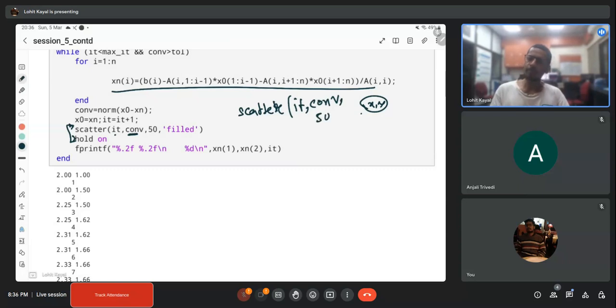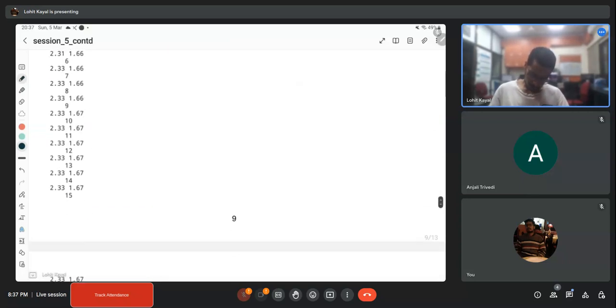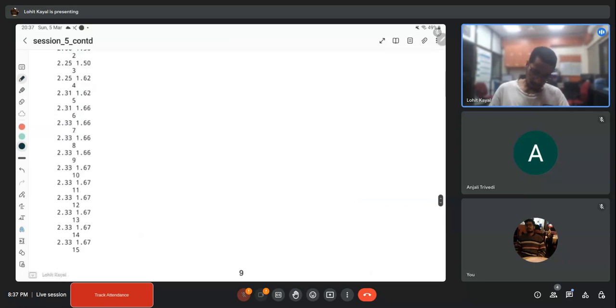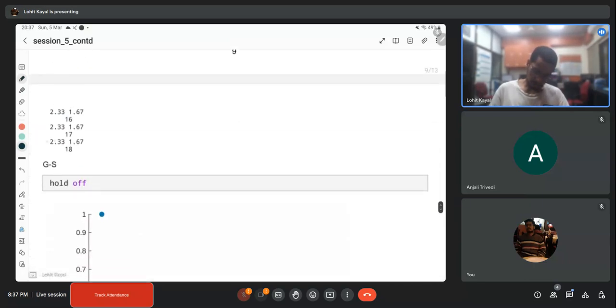Scatter by default gives you a circle. You can modify it by using other markers. Circle is a marker. 50 is the size of the circle, and filled means the circles you get in the plot will be filled. So you will see in a moment. You see it starts from this solution, and finally after 18 iteration steps you get the result.